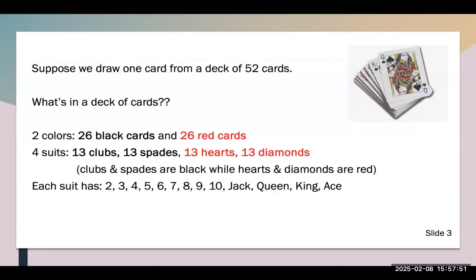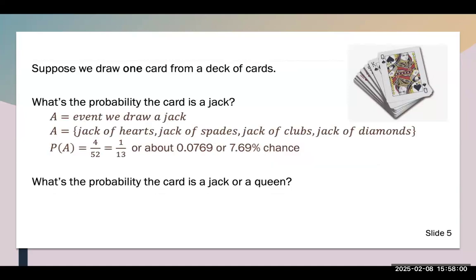So there's a jack of clubs, a jack of spades, a jack of hearts, a jack of diamonds. So there's 4 cards total out of 52 that are jacks. And so our probability is 4 out of 52, which you can simplify to 1 out of 13. As a decimal, it's 0.0769. Or there's about a 7.69% chance that you draw a jack from a well-shuffled deck of cards.